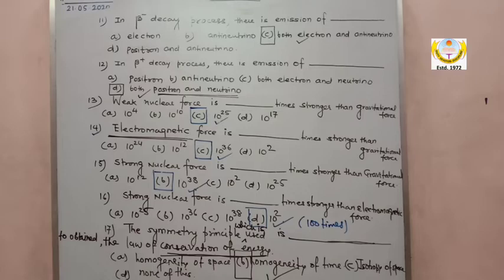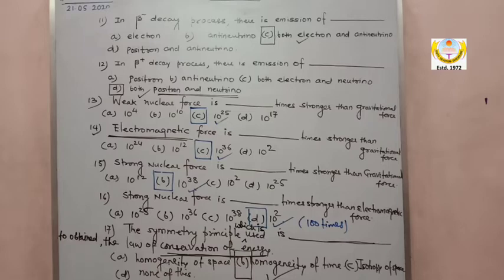That is the symmetry of space, time, and other types of symmetry which occur in nature. So remember this question very well: to obtain the law of conservation of energy, we use the symmetry principle, and that symmetry principle is the homogeneity of time.